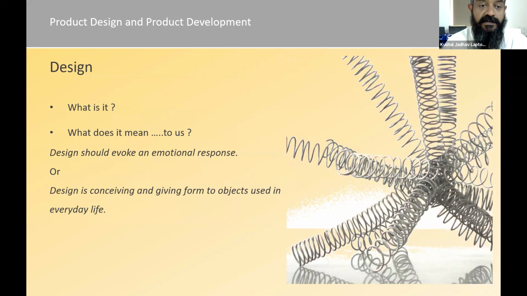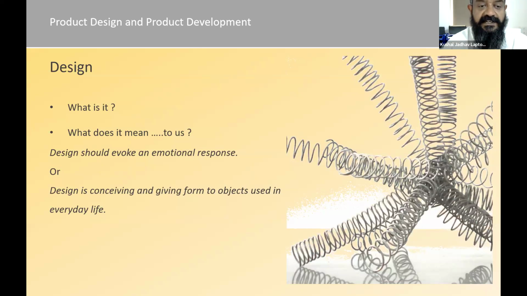Okay, or design means that it is conceiving and giving form to objects used in everyday life. I've tried to keep this presentation as simple as possible so that our new learners understand this concept of design in a very edible and digestible way, where it's not heavy information to digest.